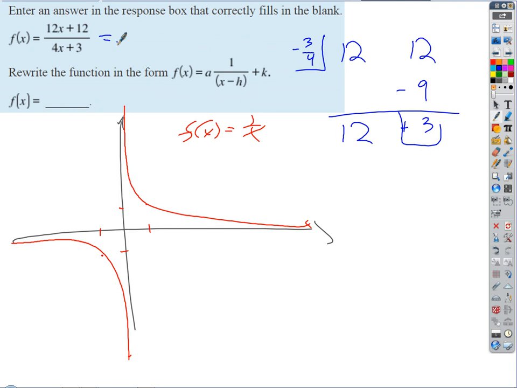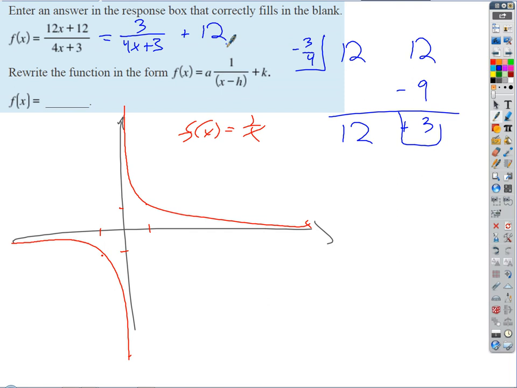And then this is going to be the constant. If there were another number, it'd be the coefficient of x, etc. Right? So this is going to look like 3 over 4x plus 3, plus 12, right? Does that make sense?